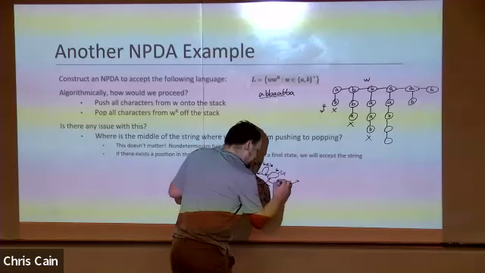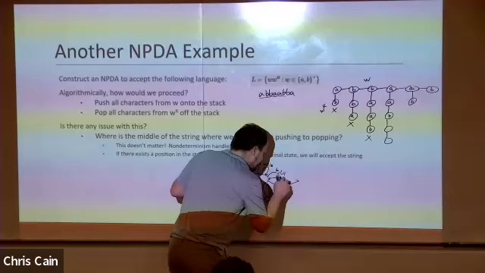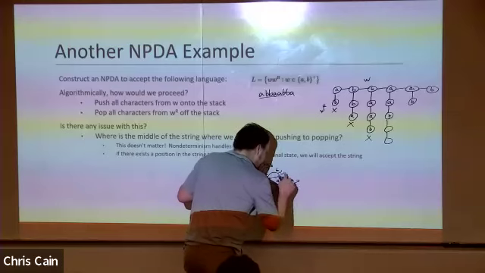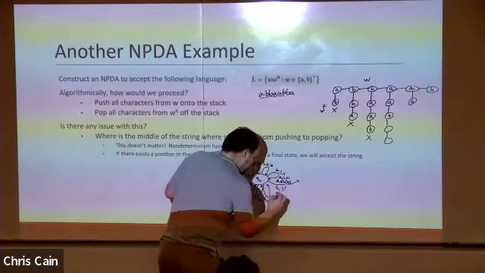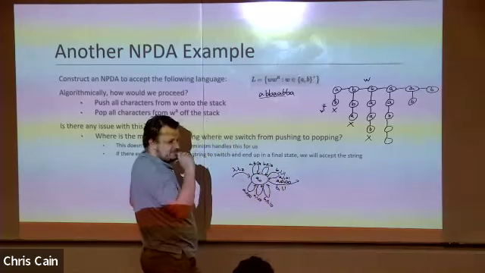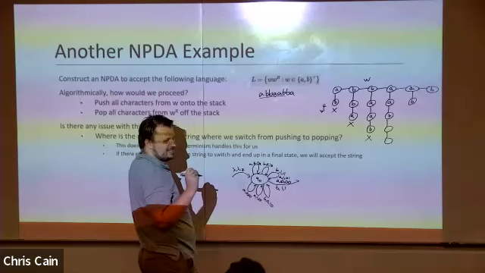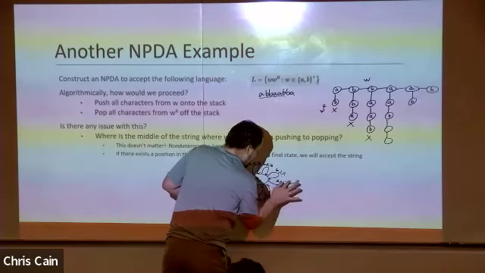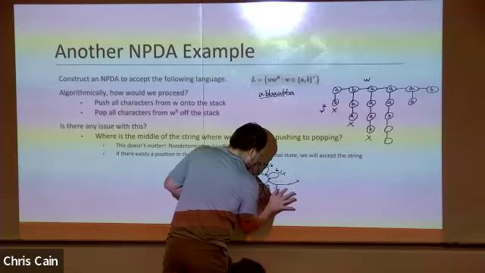By just putting like a lambda instead of a 0 or a 1? I think we still need 4 of these, A 0, A 1, because when we read that A, it still needs to be part of either W or W reversed. We can't. Yes, but do we need to read the A? If we just put lambdas first, okay, I see what you're saying. Yeah, lambda with a 0 or a 1. That is the simpler way to do this.